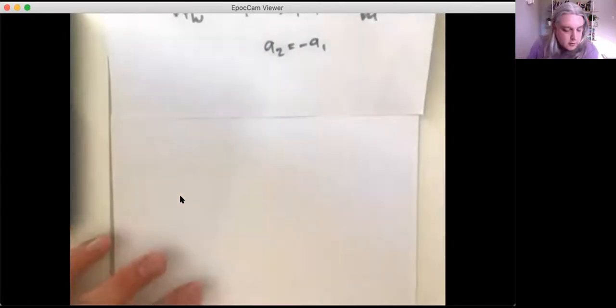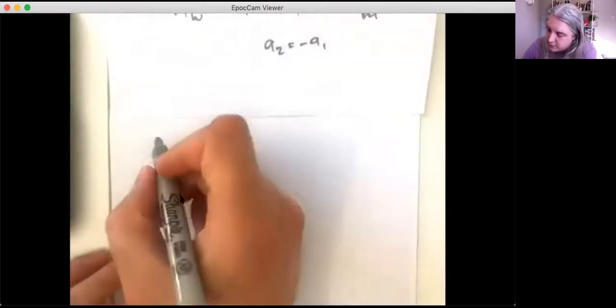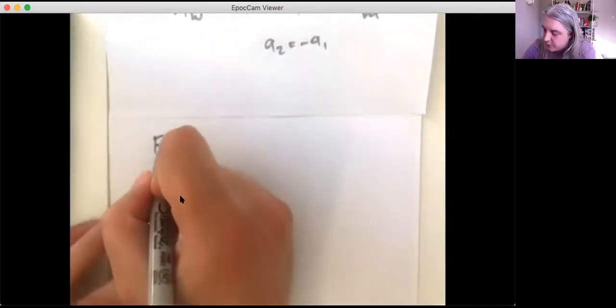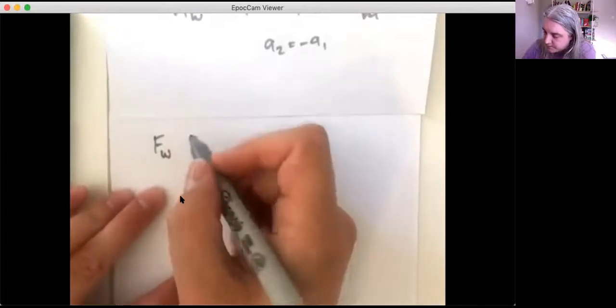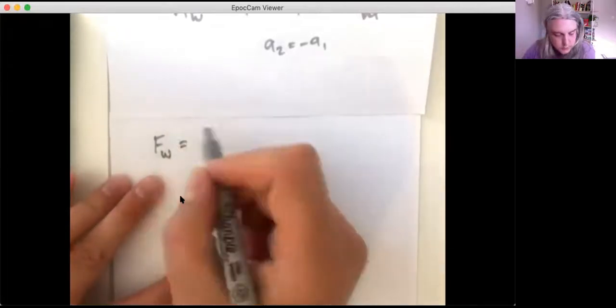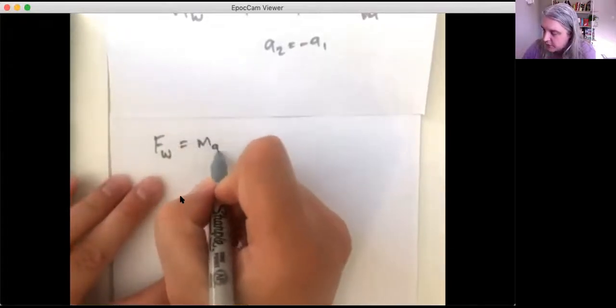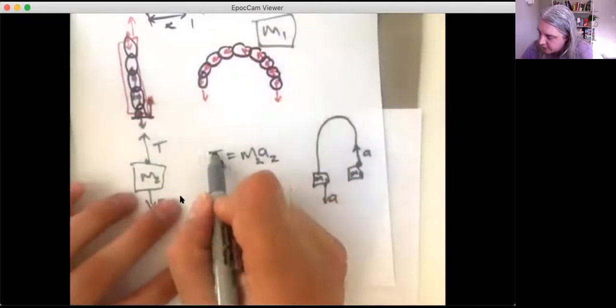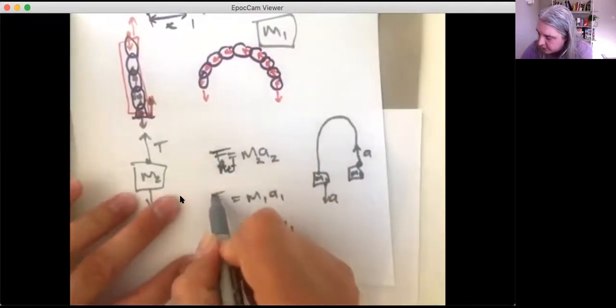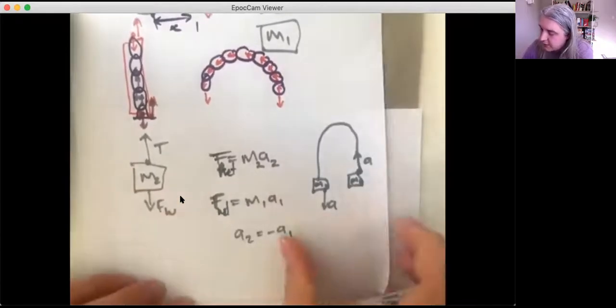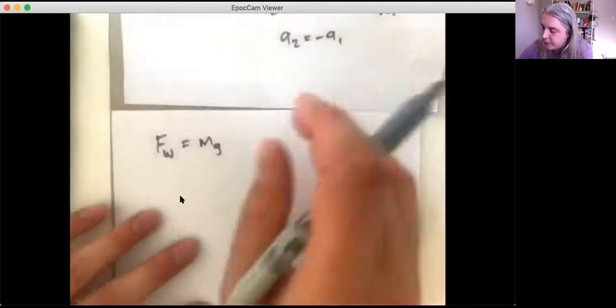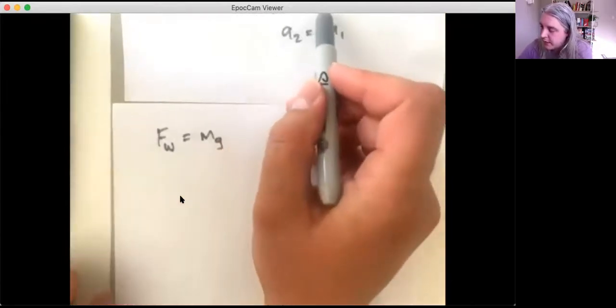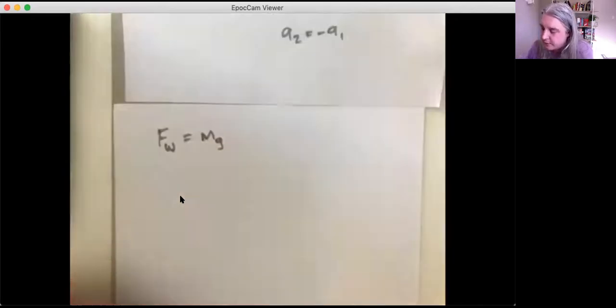So now we've actually got a bunch of formulas. We've got the weight force on the first object is equal to mg. It's F net, not tension. I shouldn't have written tension there, I just realized. The net force is equal to m2a2 and also equal to m2a1, which is equal to negative a2.